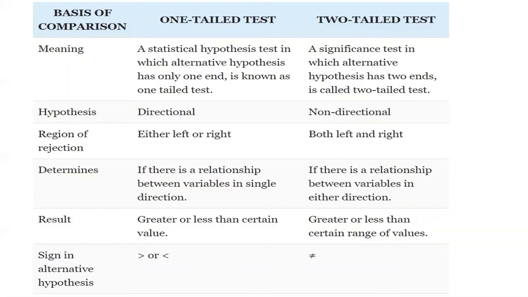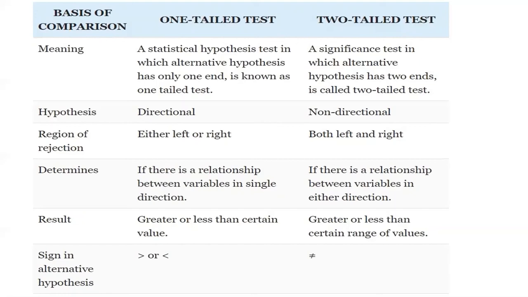One-tail test determines if there is a relationship between the variables in a single direction. In a two-tail test, we check whether there is a relationship between the variables in either direction, forward or backward, and try to find where the relationship exists.